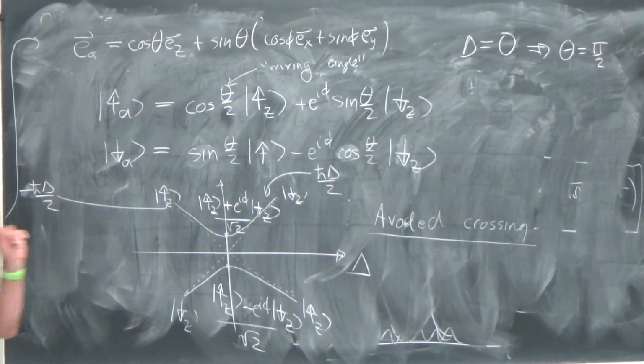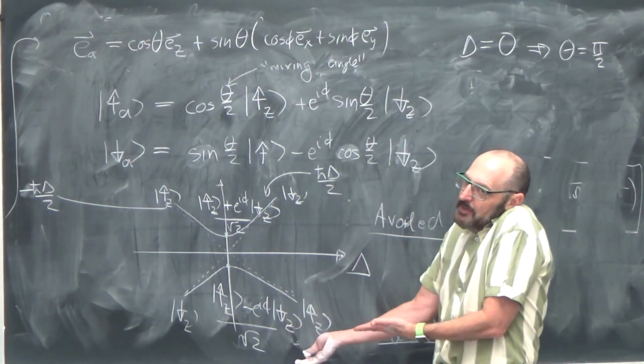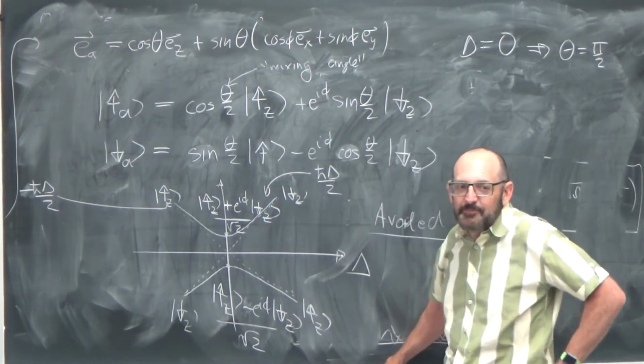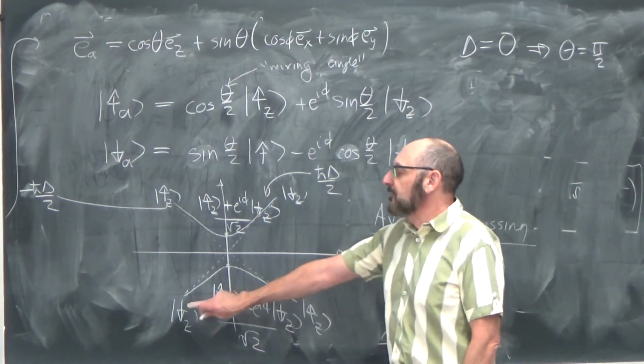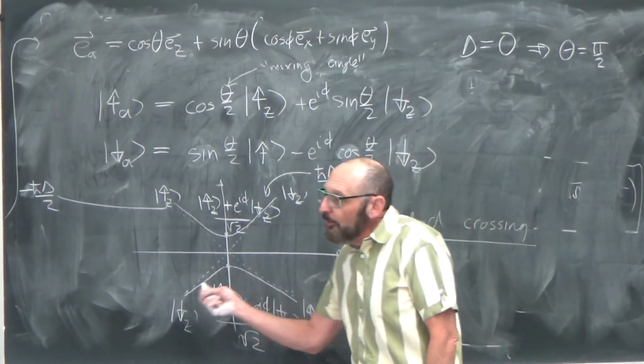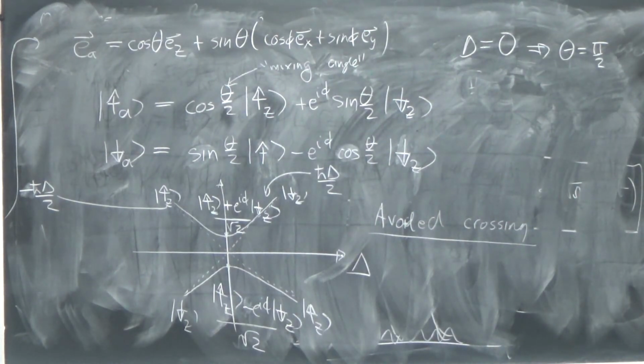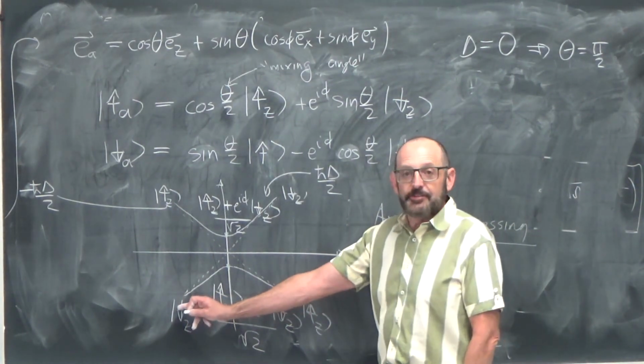So now I just want to conclude with the following statement. Notice how the nature of the eigenvector, if you can read my sloppy handwriting, I'm sorry, changes as a function of the detuning. If I'm all the way to the red here, the ground state is spin down.